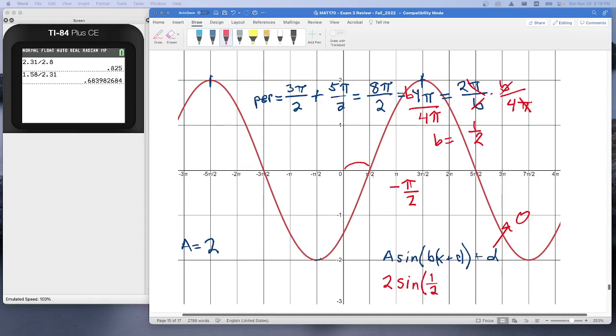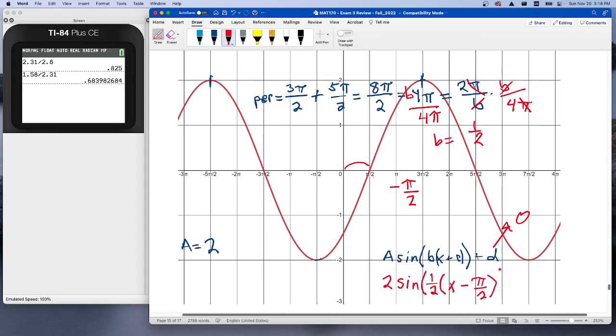Okay, and then in here we're going to have x minus pi over 2. Now another way to write this, we can distribute this 1/2, and then we'd have 1/2 x minus pi over 4. So that's another way we could write it too, but this is fine.